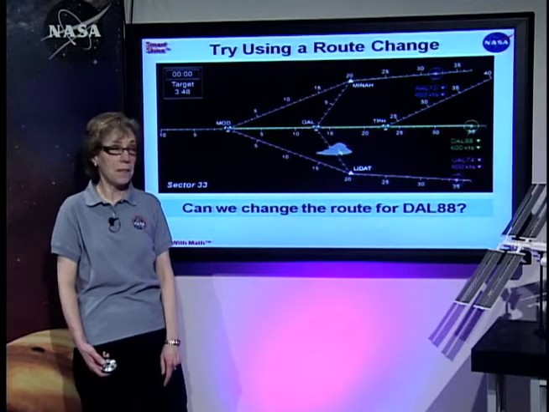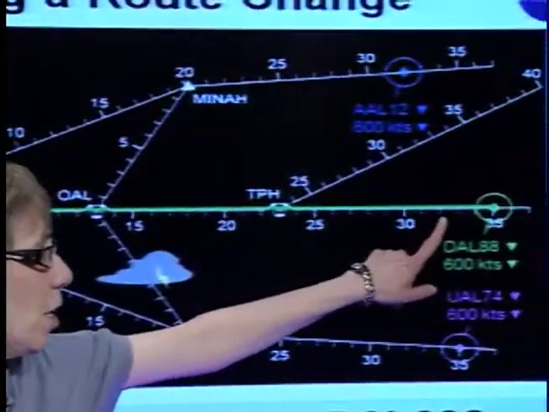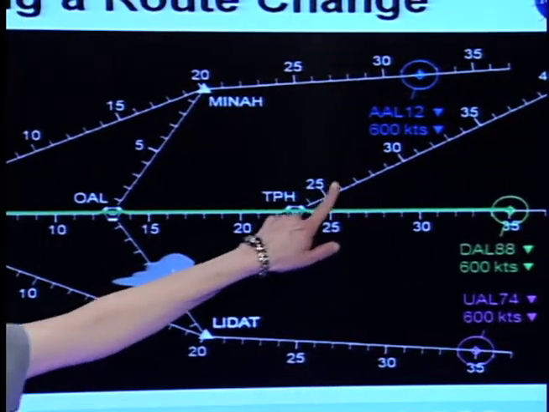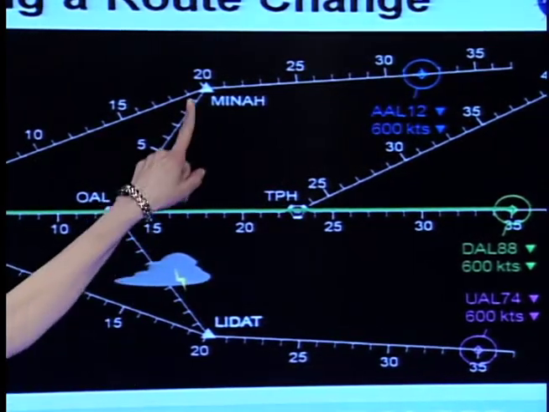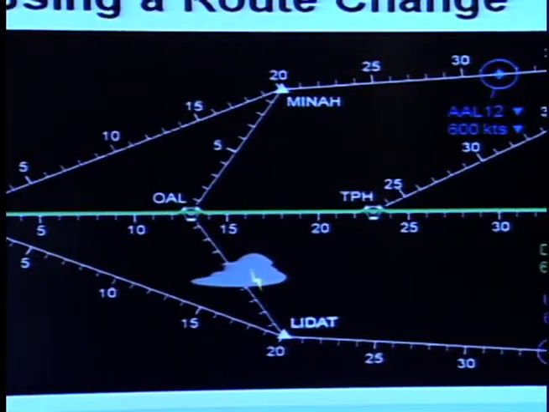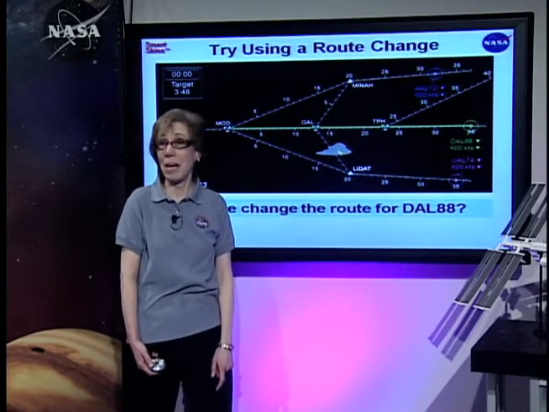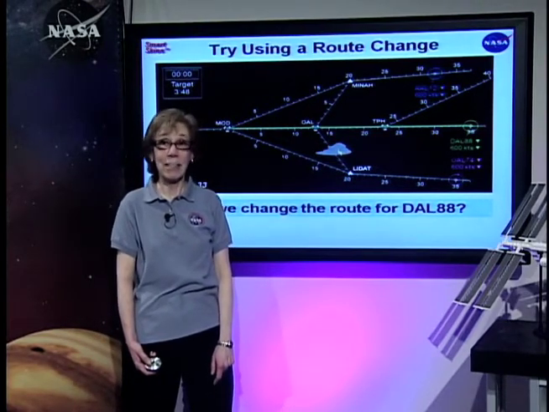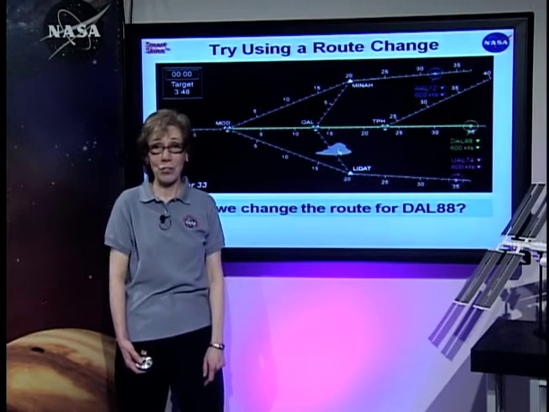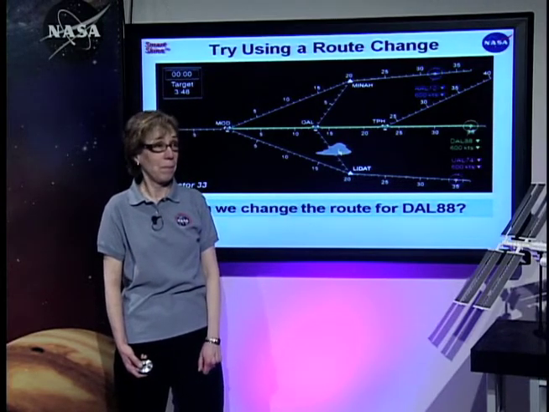How about Delta? Well, the only possibility would be to send Delta along one of these little spurs. But Sector 33 is an approach sector. We don't want to send a plane backward, and we don't think that a pilot or a passenger would be very happy about that if we did. So no, we can't change the route for Delta 88.